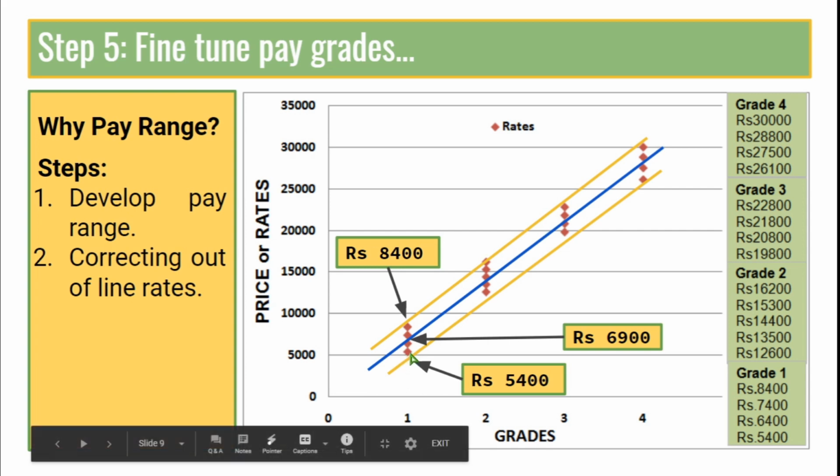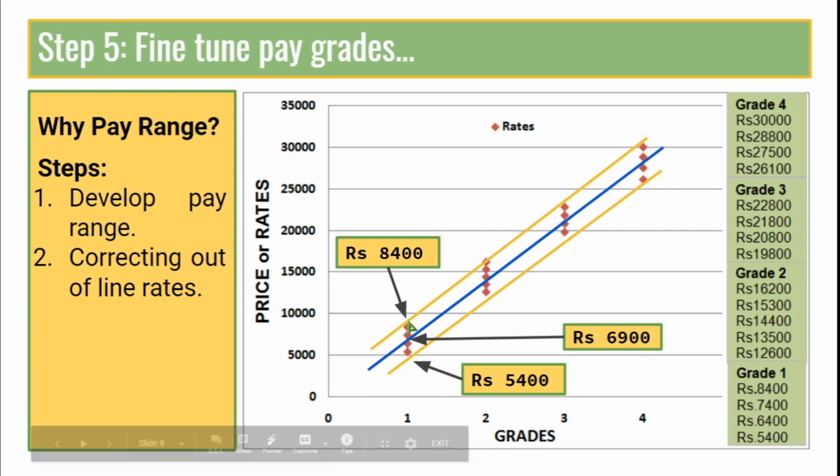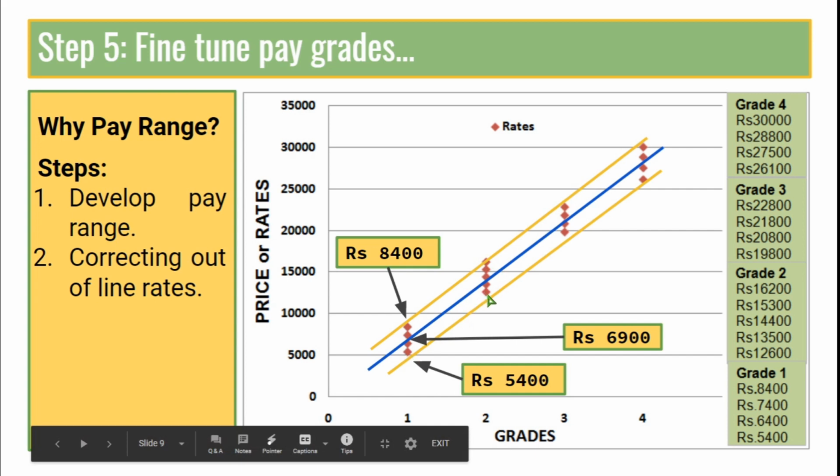Please refer to the figure. Here the BSF has created a pay range of nearly 20%. A pay range of 20% means that the highest pay rate of each grade will be about 20% higher than the average, and the lowest pay rate for each grade will be 20% lower than the average pay rate.